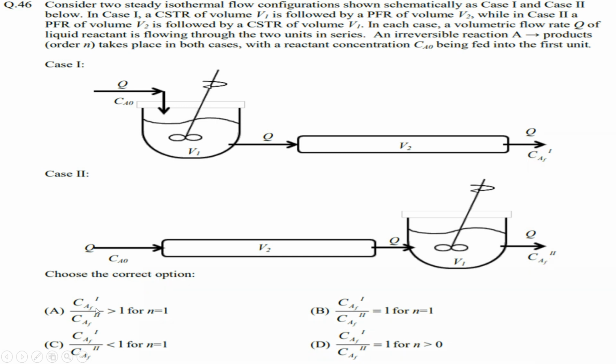We will check further. The other n options cannot be correct. If n is greater than 0, we cannot say anything, because it can be 0.5 also. If it is 0.5, then n is less than 1. In this case, CAF first will not be equal to CAF second. There will be some difference, as I have told you.